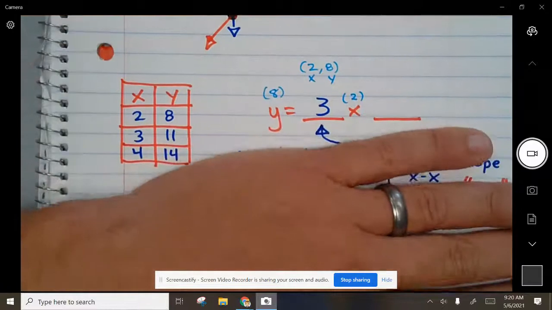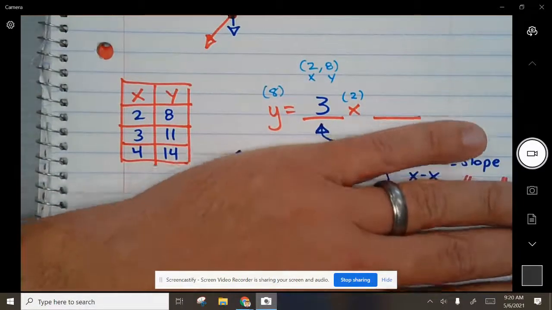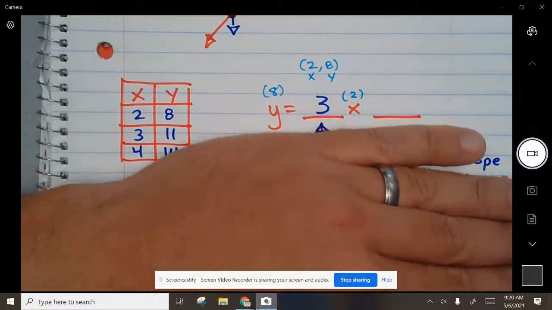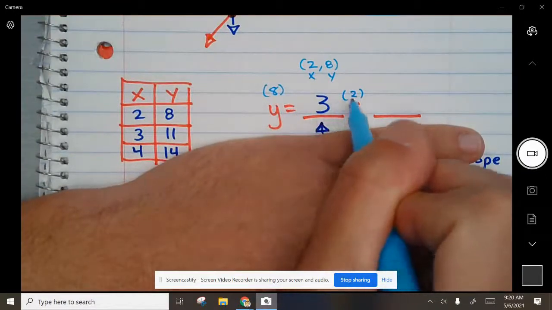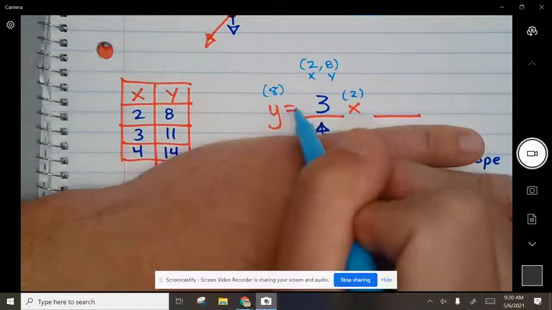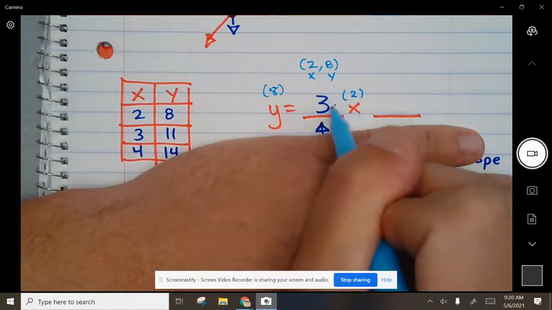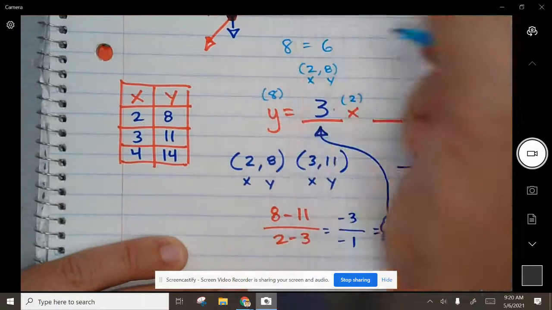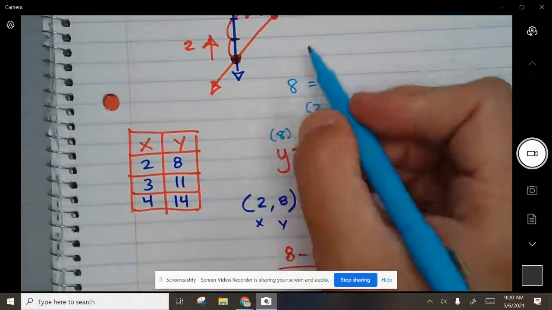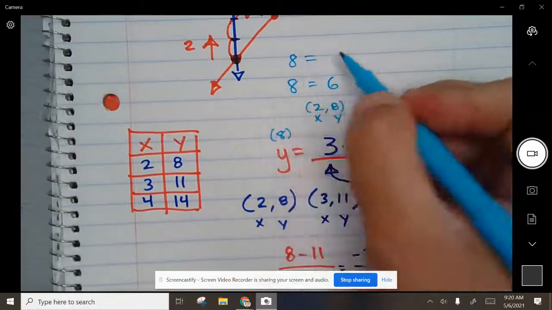Now that you have this, let's think about this as a language arts problem. Let's think about reading the math sentence. 8 equals 3 times 2. Does 8 equal 3 times 2? Well, 3 times 2 is 6. Does 8 equal 6? This may look weird, but our whole goal is to get to 8 equals 8, the only true statement.